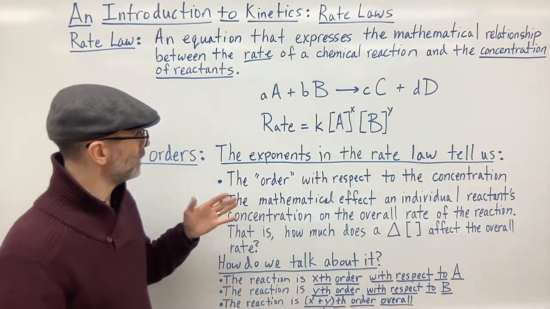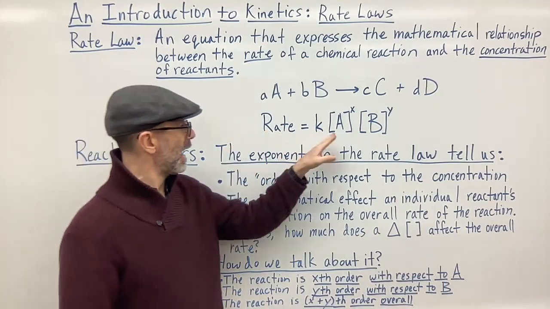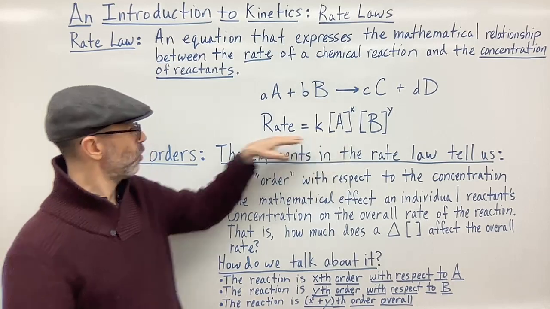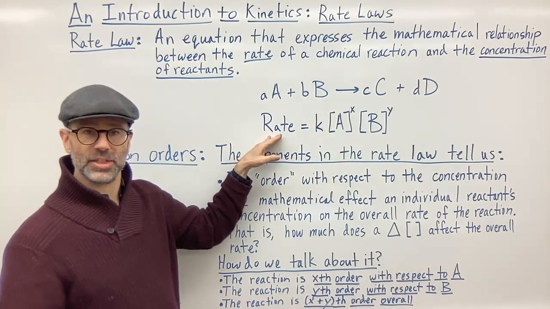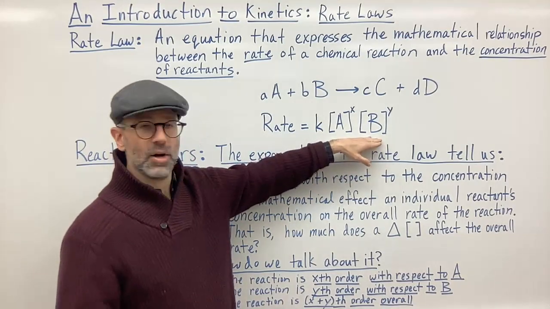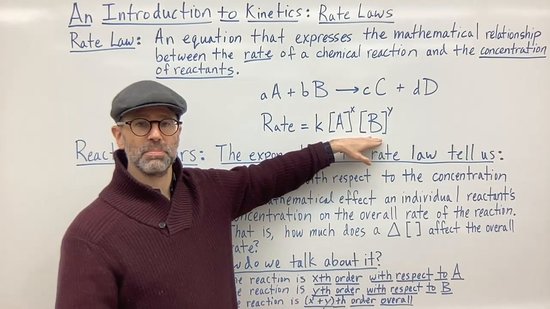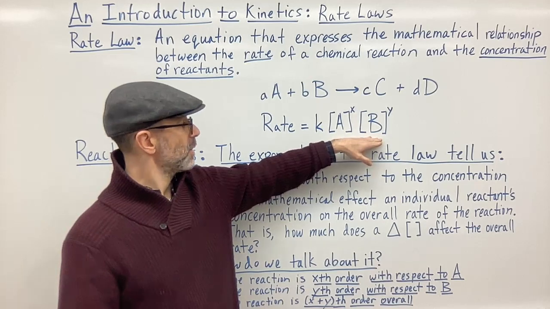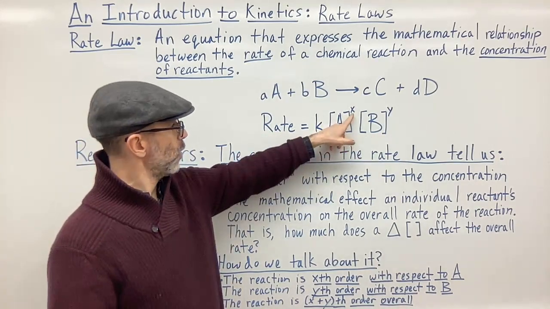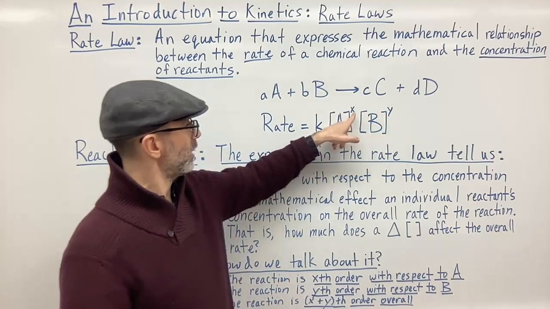What that means is that how your concentration of A changes is going to affect the rate of the reaction in some way. Also, how your concentration of B changes is also going to affect the rate in some way, and that's where your x and y comes in.